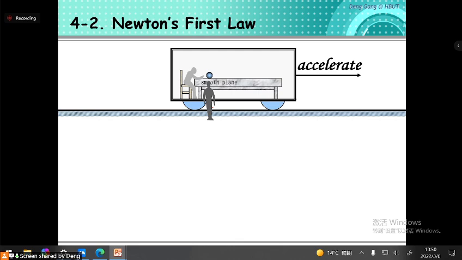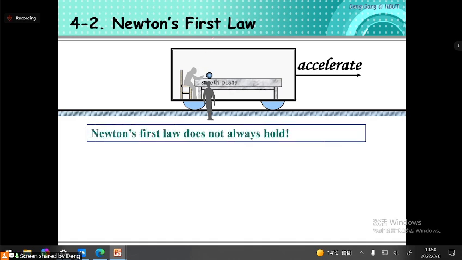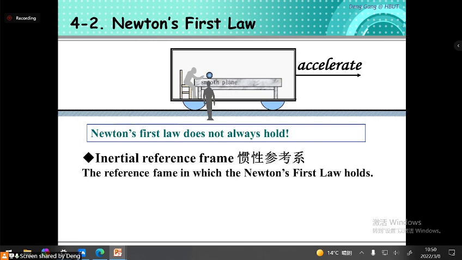Why does it start to move toward me? So the guy on the train does not believe Newton's first law is correct. So that means that Newton's first law does not always hold. There should be requirements, or Newton's first law holds only in special situations, like this.